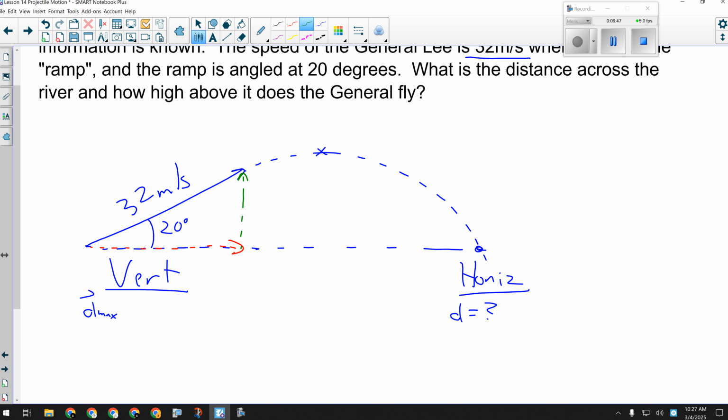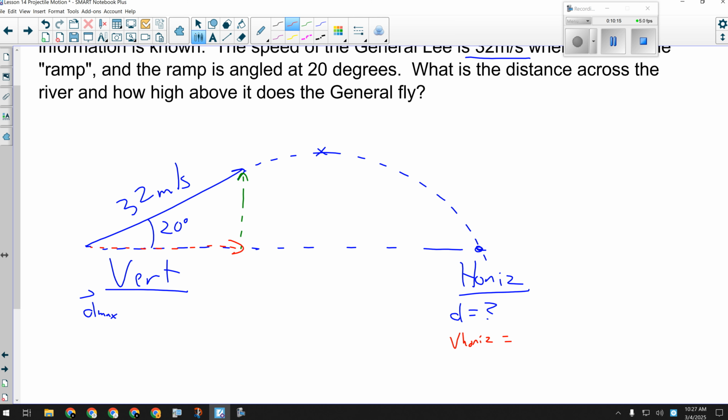Would that give me one more piece of horizontal information? It would. The reason I'm slowing this down, guys, is I want you to understand what we're calculating when we find these two components. We're finding its horizontal constant velocity when we find the red line. So let's find that first. That's going to be the horizontal velocity, which is constant throughout the entire flight of the car.